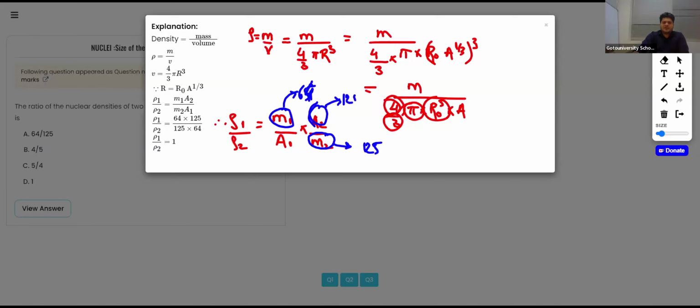A2 is 125, A1 is 64. So this will get cancelled by each other and you will get the ratio of density as 1.